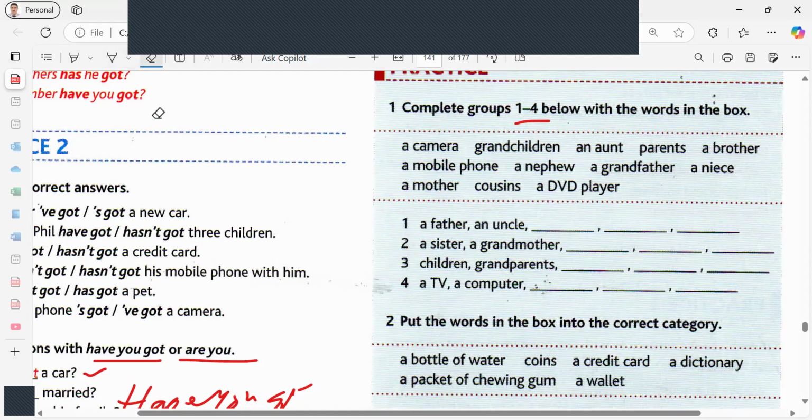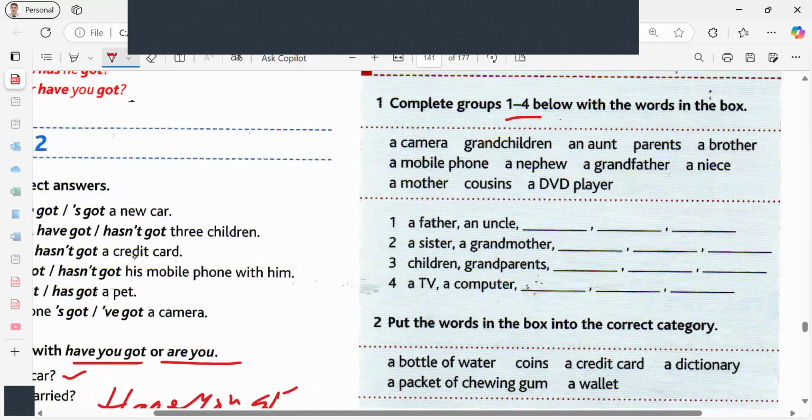A camera goes with group number 4. Grandchildren, 3. And aunt goes with 2. Parents, 3. A brother goes with 1. A mobile phone goes with 4.